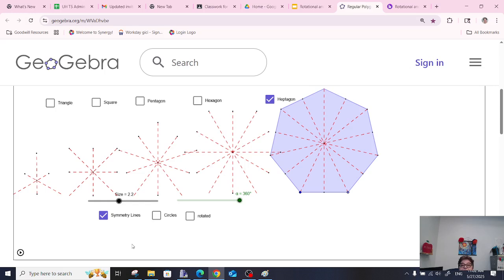Okay, and then heptagon, you should have 7. And this one gets a little tricky because 360 isn't divisible equally.